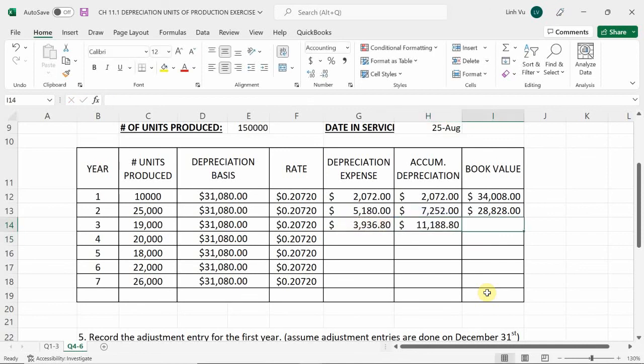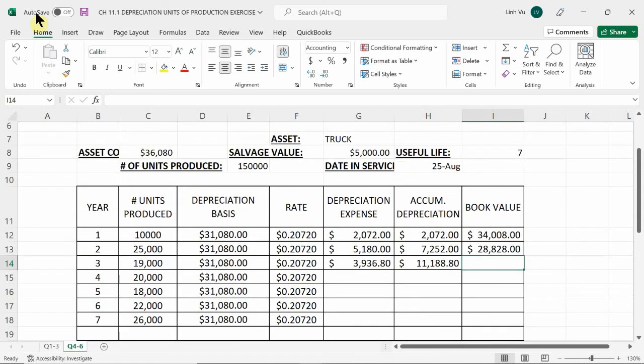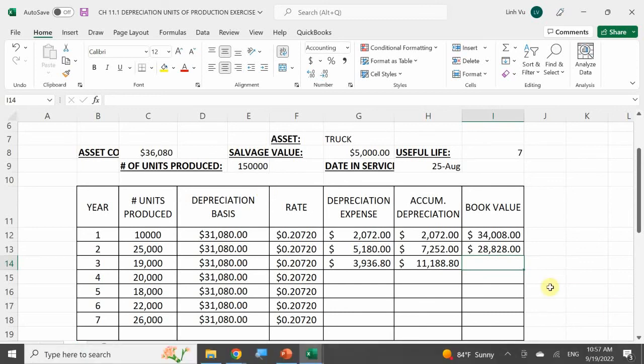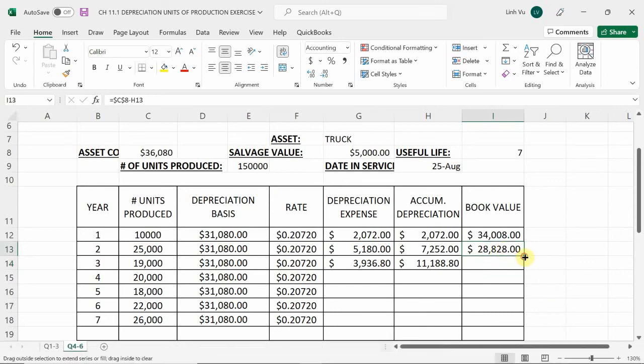Excellent. And then what is my book value going to be? $24,891.20. Good. So then, what's my depreciation expense for the 4th year?